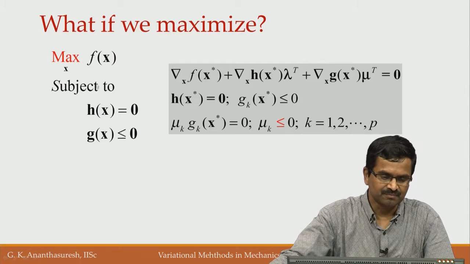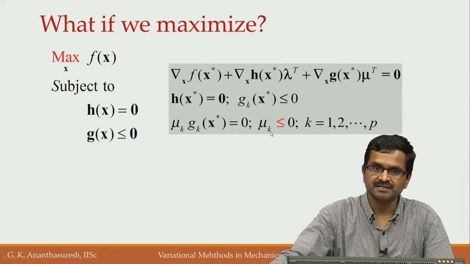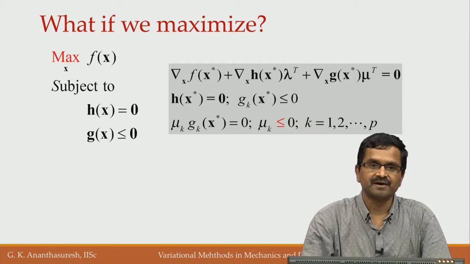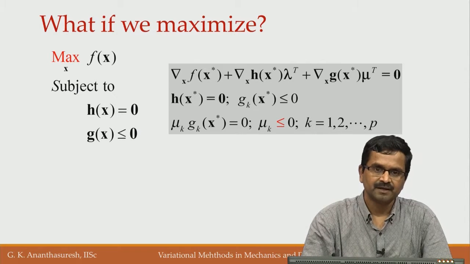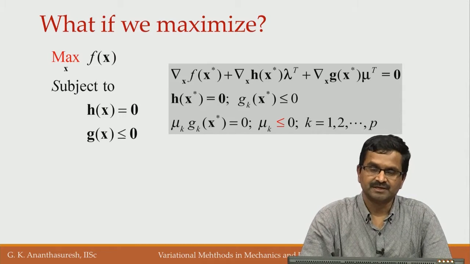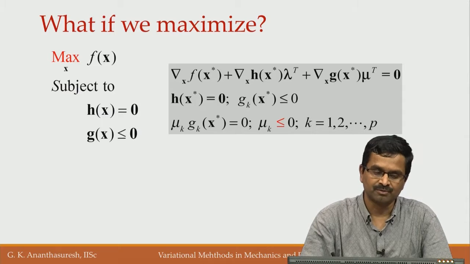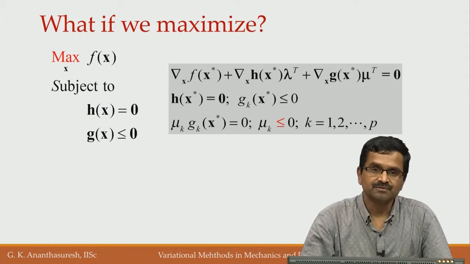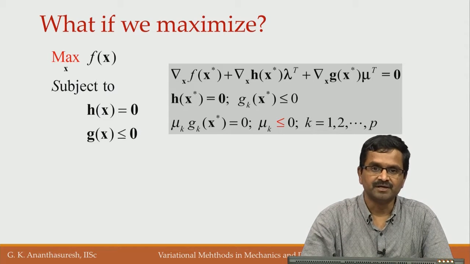The change comes about because we are maximizing. If you look back at the previous lecture where we argued why there is a restriction on the sign of the Lagrange multiplier corresponding to the inequality constraint, you would recall that if you take the first order term, that is gradient of f times delta x, that is perturbation around the minimum x star, we want it to be positive for f of x star to be a minimum.